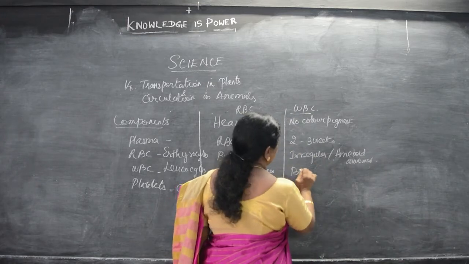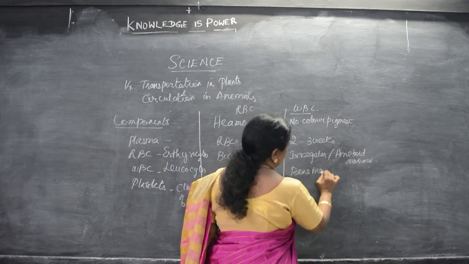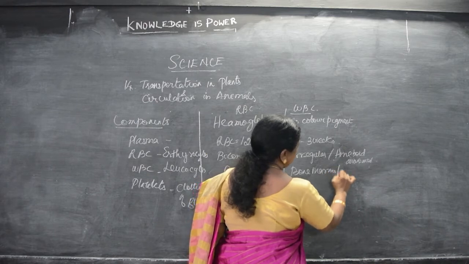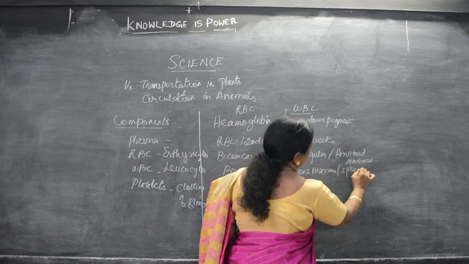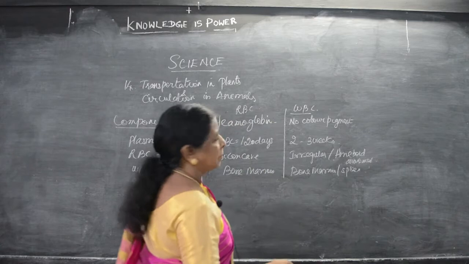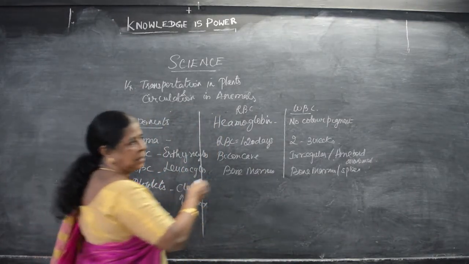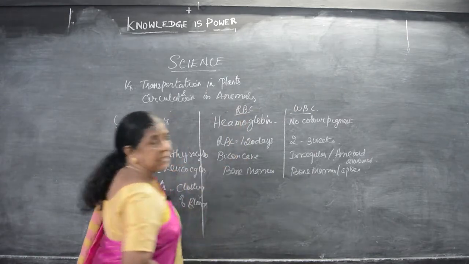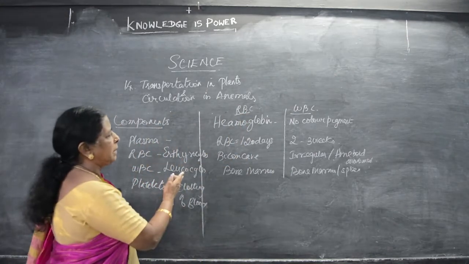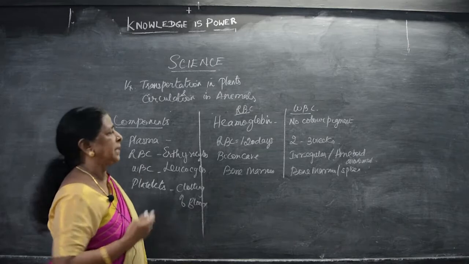It can be seen in bone marrow and spleen. Whether it is RBC or WBC, after the lifespan, they decompose and regenerate again.